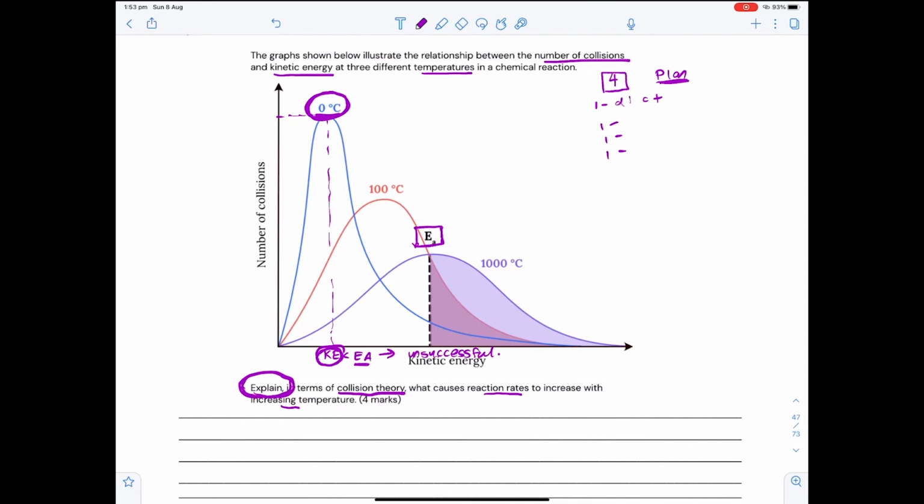Do you see how I used thus, resulting in my answer? Right? Now, I'm not here to spoon feed you how to write these answers, but I'm here to show you what a good template looks like, right? So the conclusion you've made is for 0 degrees, we said, majority of particles have kinetic energy less than activation energy. This will result in unsuccessful collisions, and that results in a low rate of reaction.